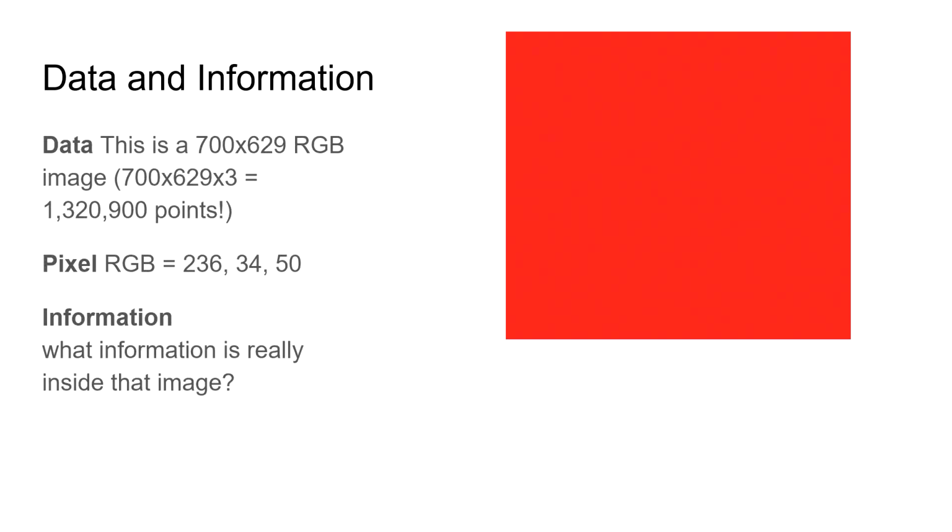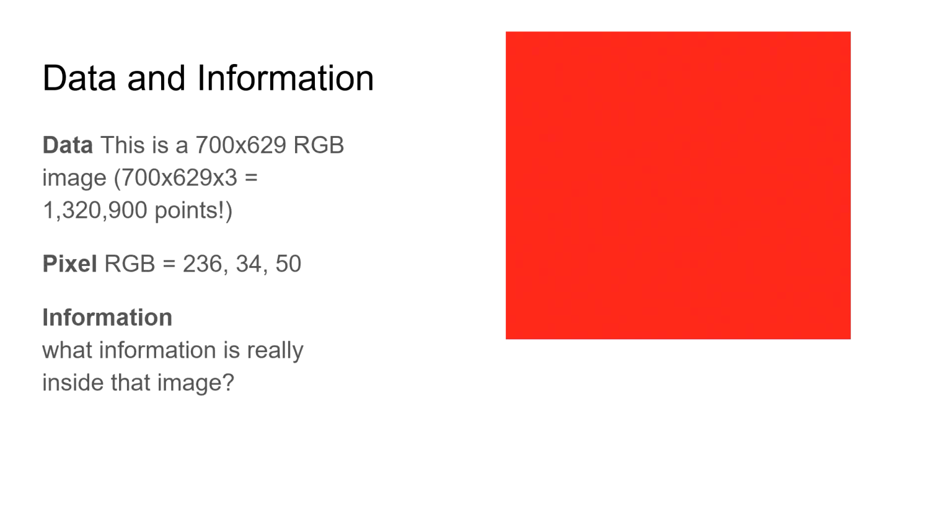One thing to think a little bit about: we talked about compression before in audio, lossless and lossy compression. It's a little bit easier to think about in images, I think. So let's revisit that. This image here, this red box, is actually a lot of pixels. It's 1.3 million points.